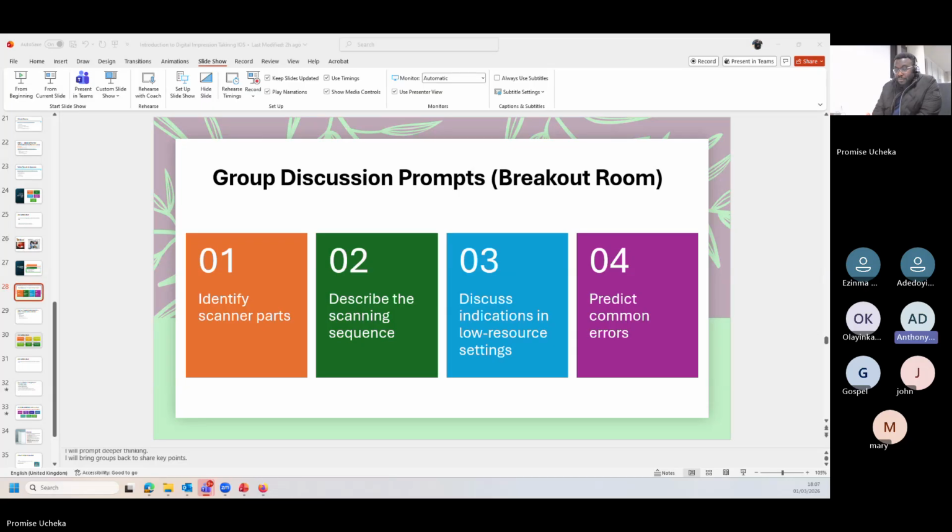Okay, sir. Like the scanner parts, the bulk of the scanner is called the handheld one, which is carrying the control button where your thumb, either the thumb or the first finger, can go around to control front and back. Then we have the camera tip that usually visualizes the teeth or the tissue in the mouth.